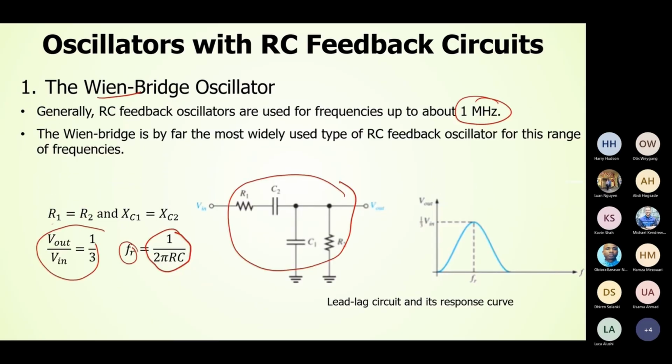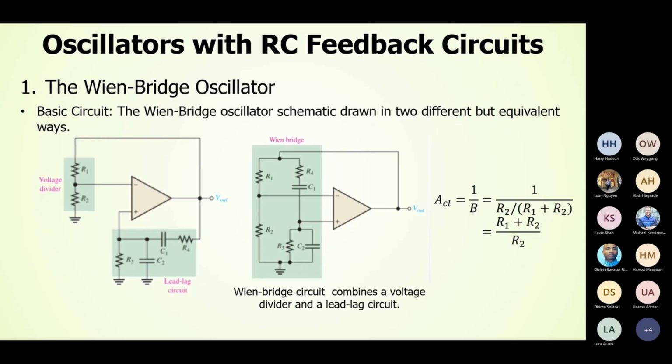This one, what you have seen is the basic, and this is the Wien bridge oscillator. What is happening here? Here you have an amplifier. Okay. This op amp. And in the amplifier, you actually use a lead-lag circuit to provide the phase shift. And here you have the voltage divider to provide the necessary feedback. Okay. And as you can see, the gain of my circuit ACL is (R1 + R2)/R2.